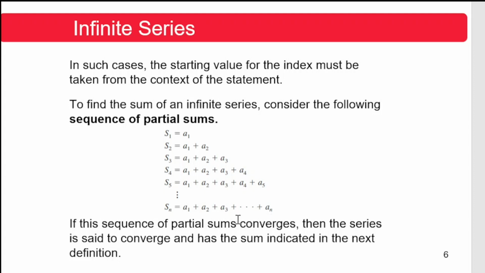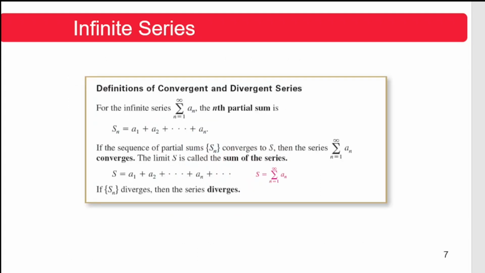If this sequence of partial sums converges, then the series is said to converge and has the sum indicated in the next definition. By definition, for the infinite series denoted by the summation of a sub n, where n is from 1 to infinity, the nth partial sum is defined as s sub n equals a sub 1 plus a sub 2 and so on up to plus a sub n.